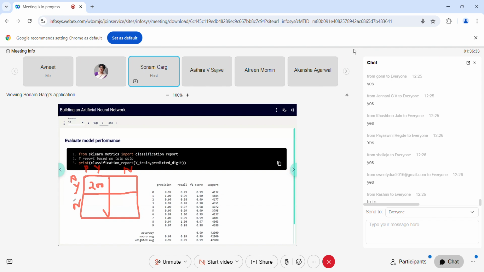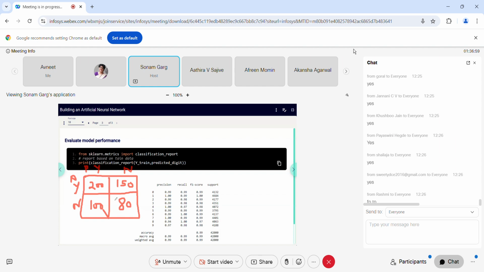I have 100 no's which were predicted yes. Randomly, I'm taking 150 values which were actually yes but predicted no. And there were 80 such data points which were actually no and also predicted no.